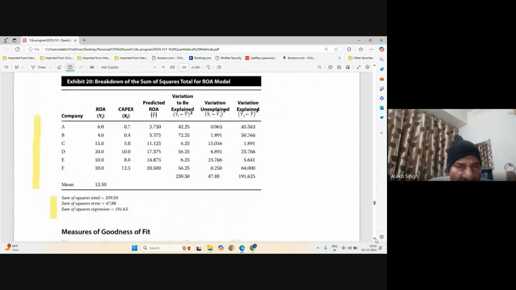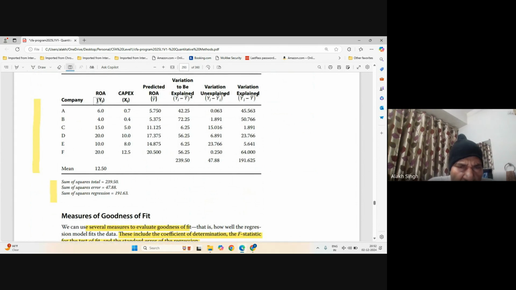So let's see here how it has been calculated. Here it is given yi minus y bar explained, and yi minus yi hat explained. Which one is the error term? This one, and this one is the total. This one is yi hat minus y bar, the SSR, and this is the total variation.